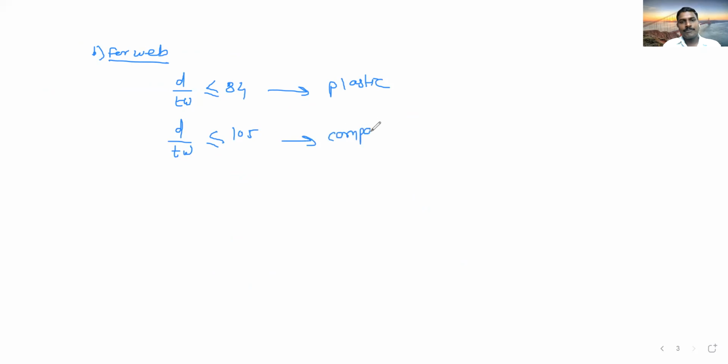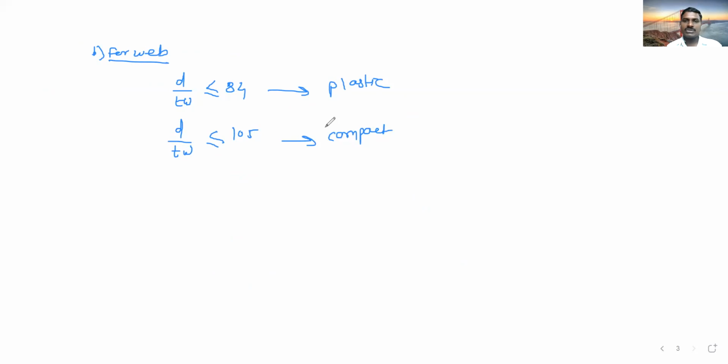Now for web, I section having flange and web. So for web, D by TW should be less than 84, plastic classification. D by TW less than 105, compact classification.